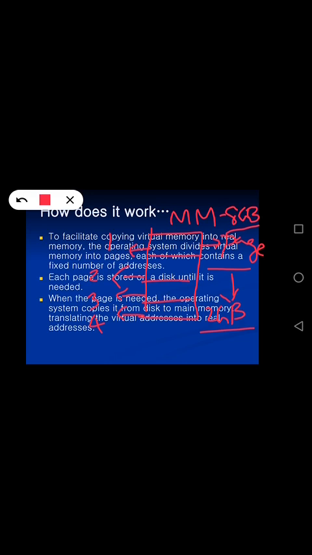Similarly, the main memory is also divided into fixed size pages.